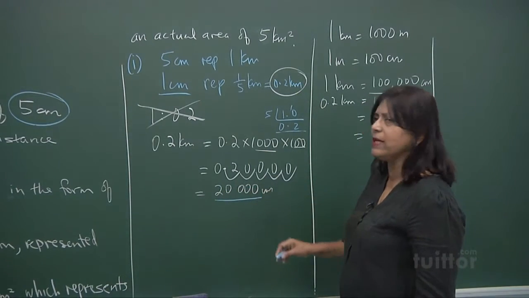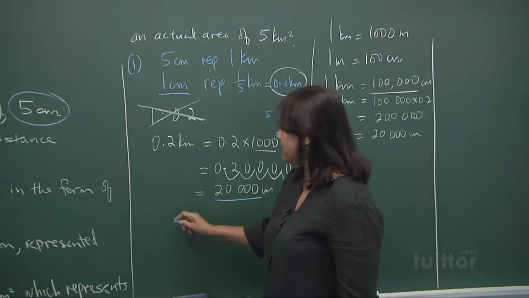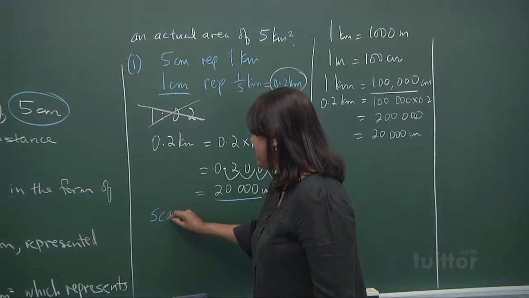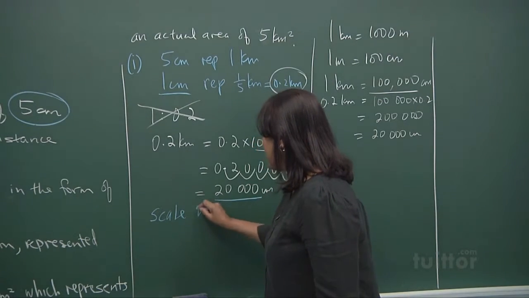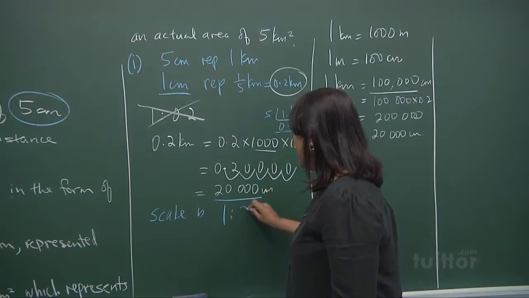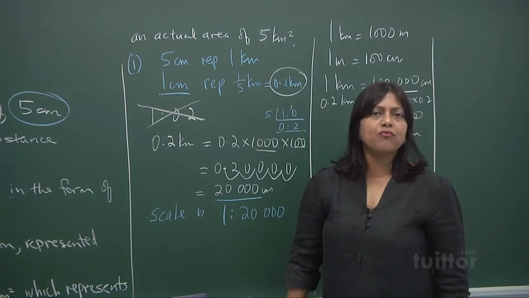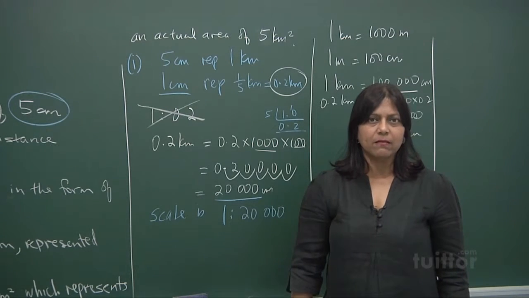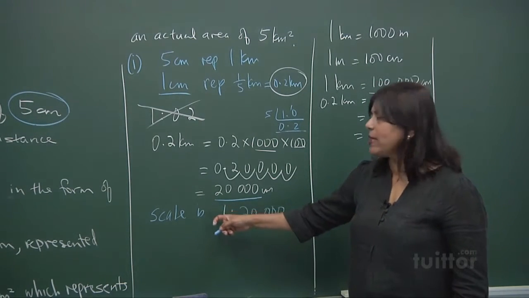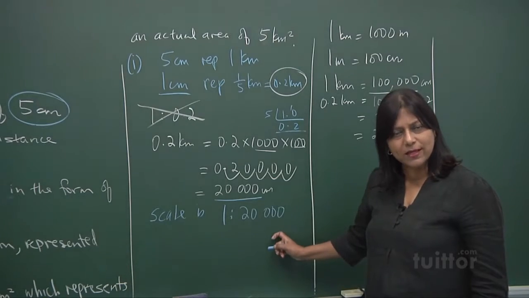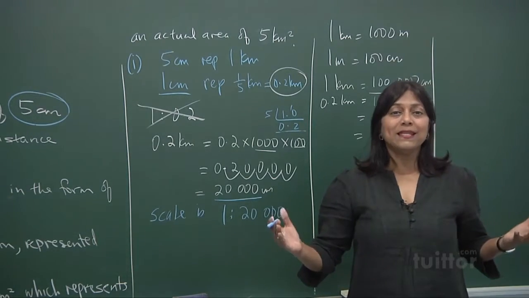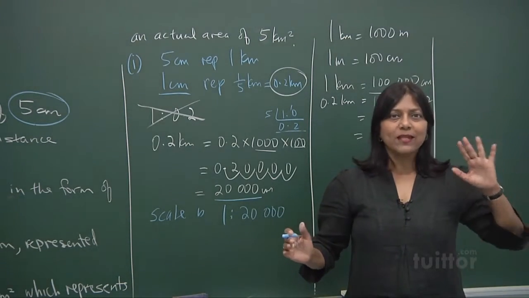And 0.2 is this. So if you look at the scale, hence the scale is 1:20,000 cm. You do not need to write the units of measurement. When you write like that, it means 1 cm represents 20,000 cm, or 1 meter represents 20,000 meters.